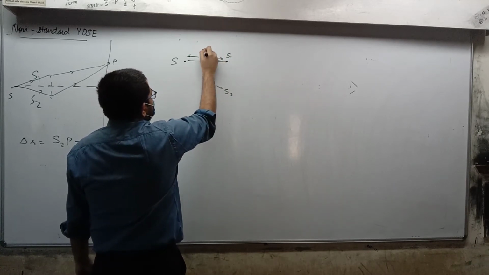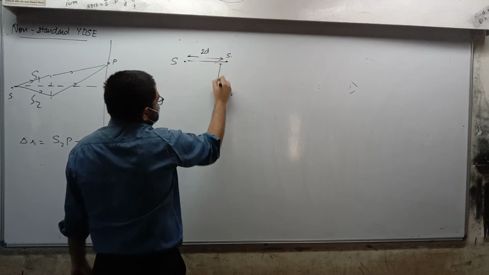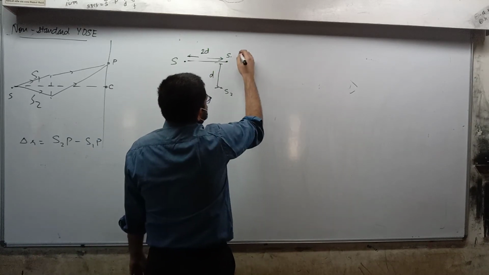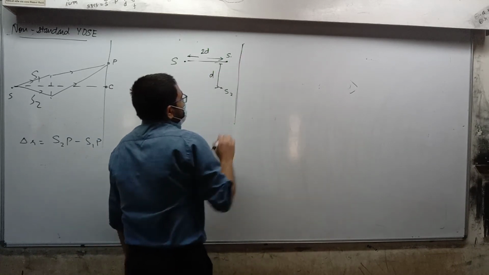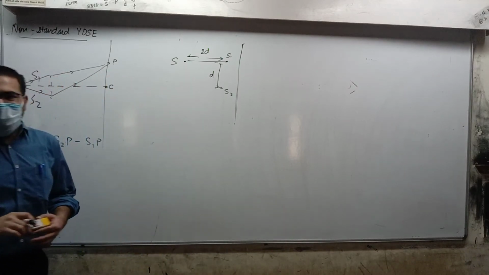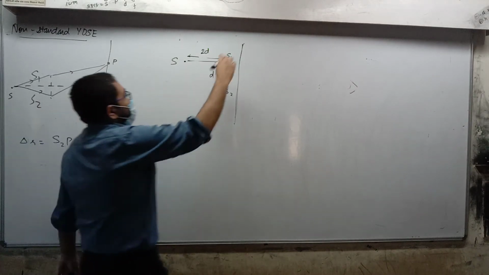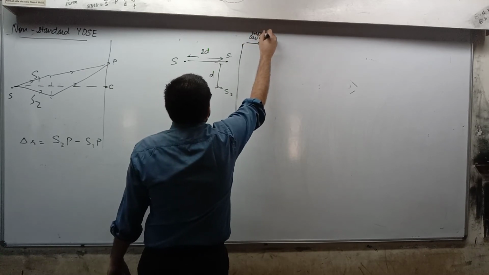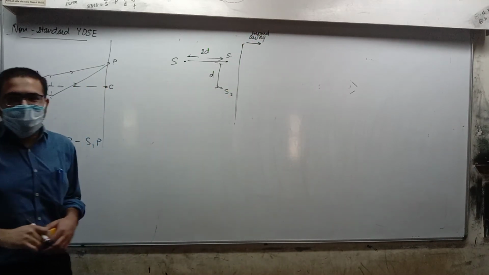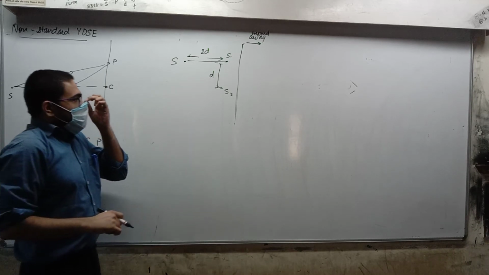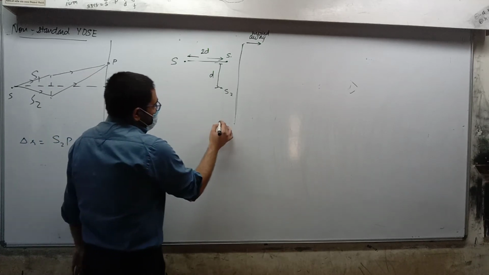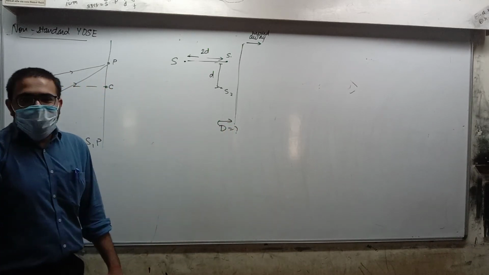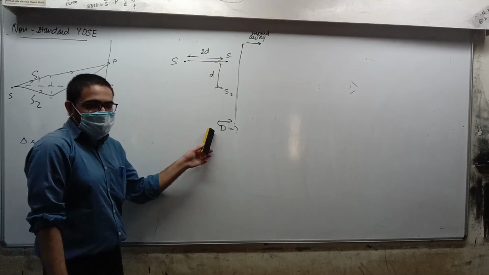So let's say this is 2D, let's say this is D. Can you find, suppose here is a screen that is very close. Gradually we move this screen away. So you have to find the first value of D, capital D. What is the meaning of capital D?